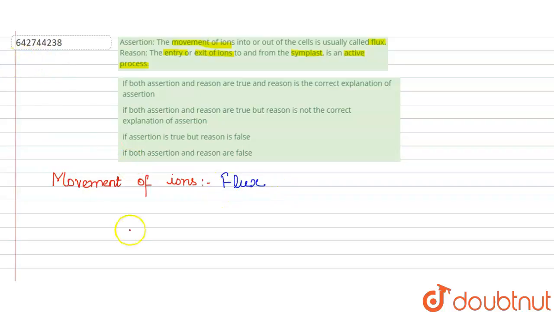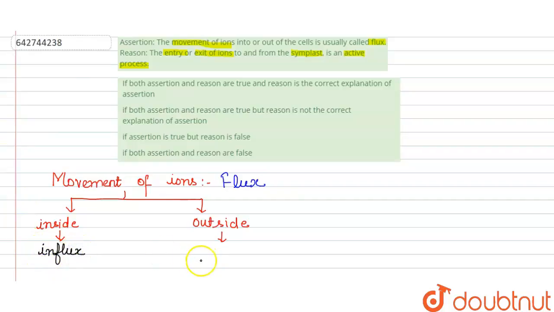There are two types of movements: the ions can move inside or the ions can move outside. When there is inward movement, the process is known as influx, and when there is outward movement, the process is known as efflux.